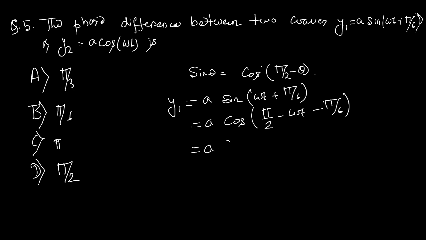So that will be cos of pi by 3 minus omega t.